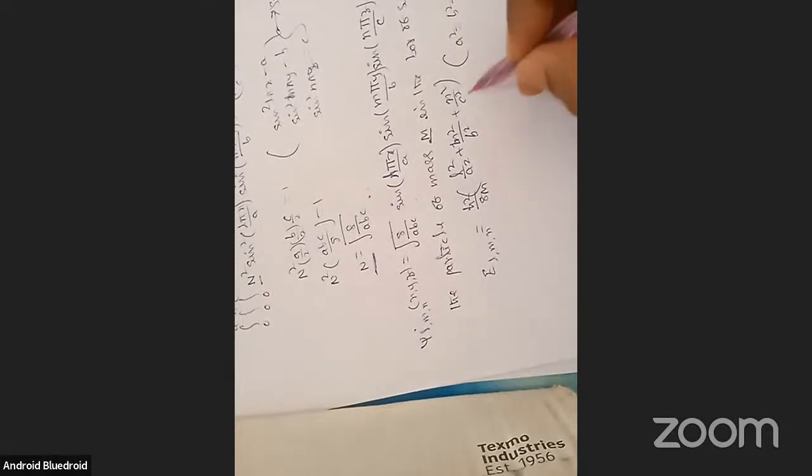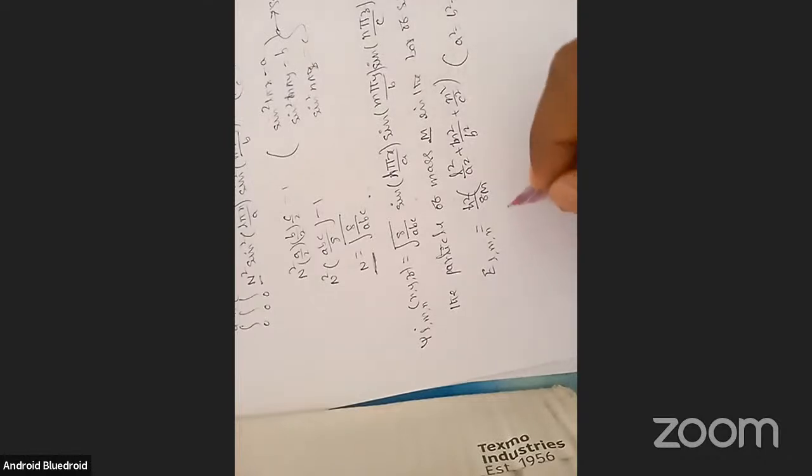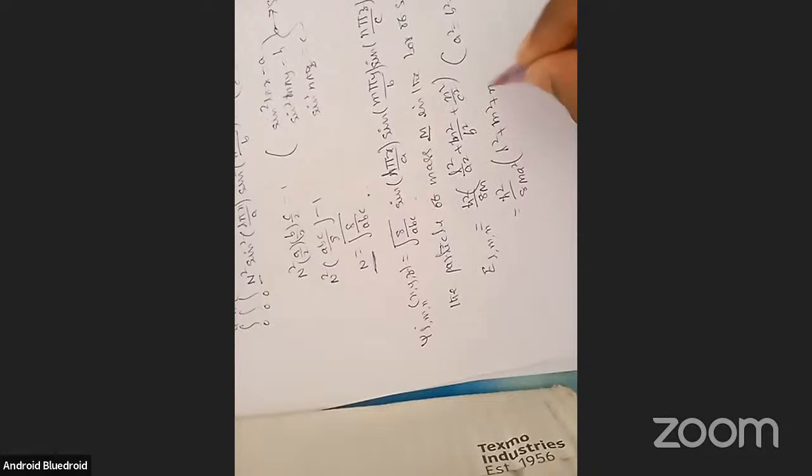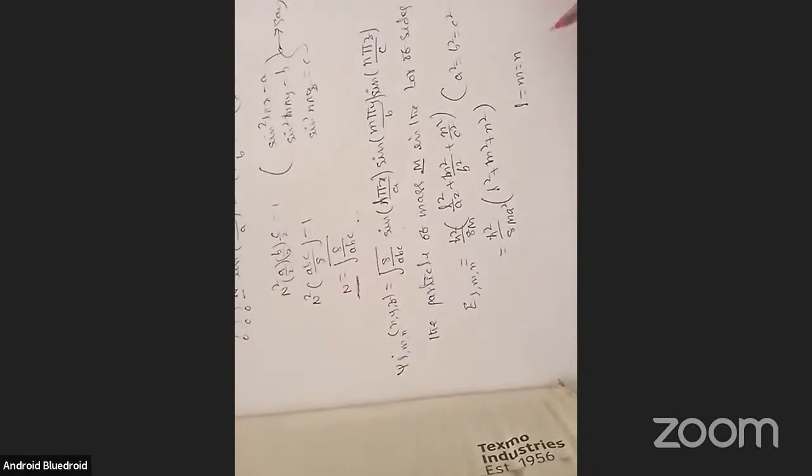Substituting, the remaining is h square by 8m a square into l square plus m square plus n square. These are the total values, with l equal to m equal to n equal to 1, and this value is substituted here.